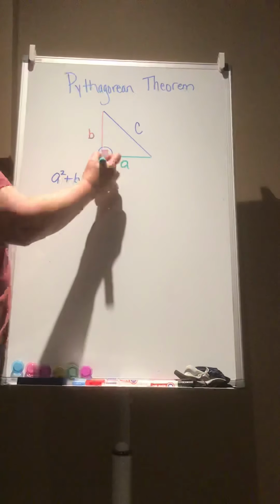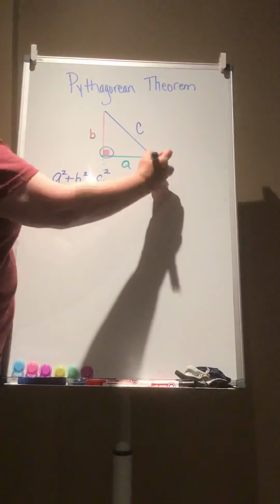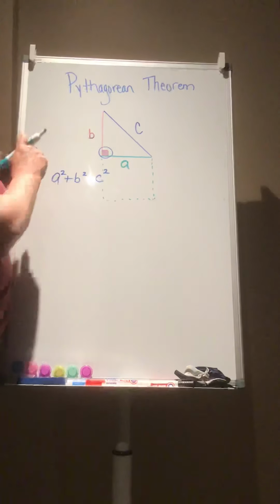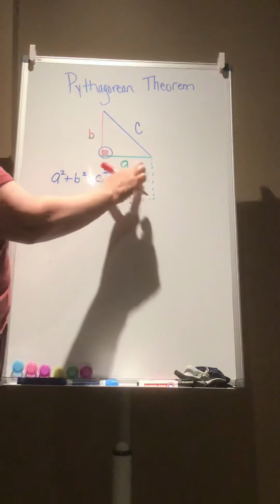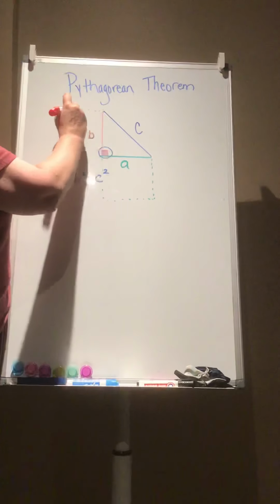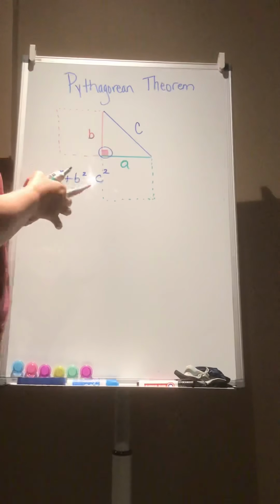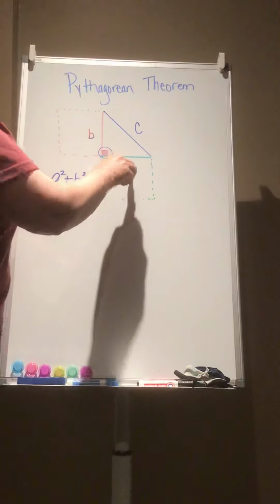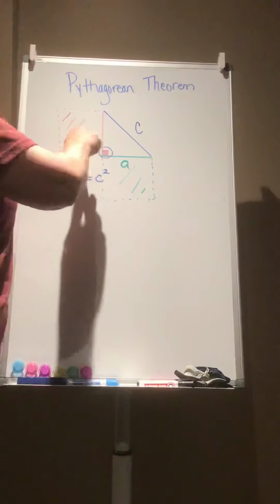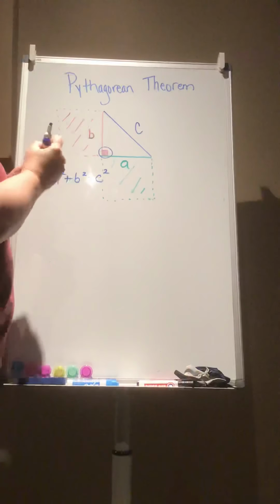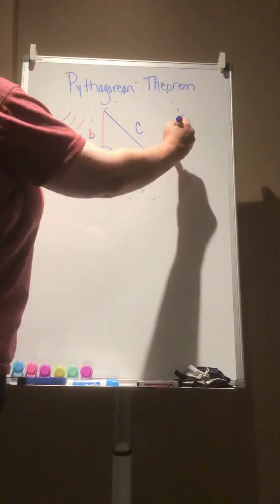Pythagoras found that if he created squares off of each of the sides, so A is a square because this side and this side are the same, and he created a square off of B, then if I added the areas of this and this, it would equal the area of this bigger square.